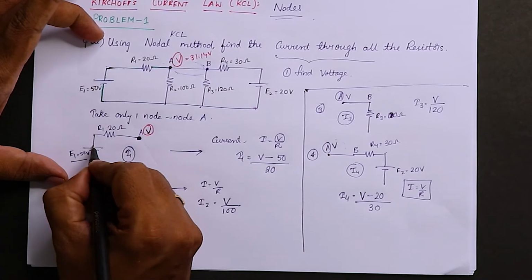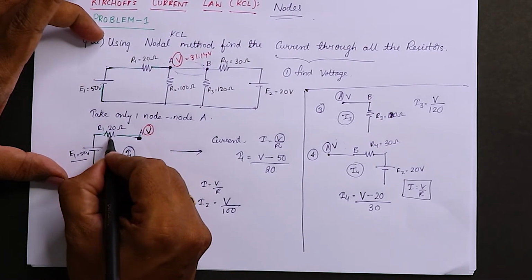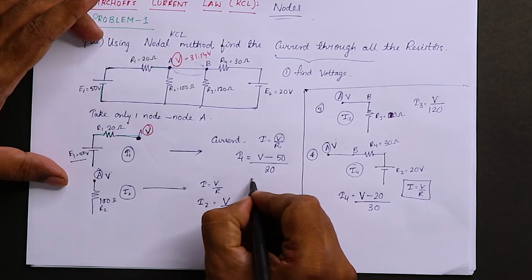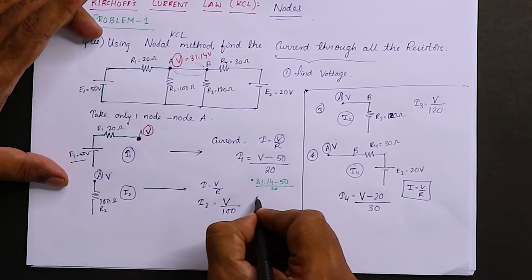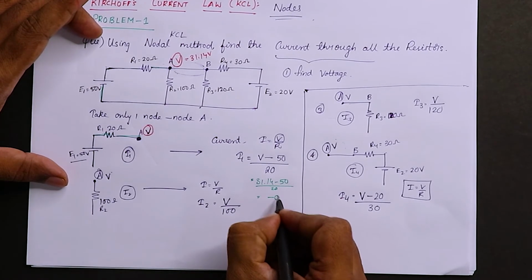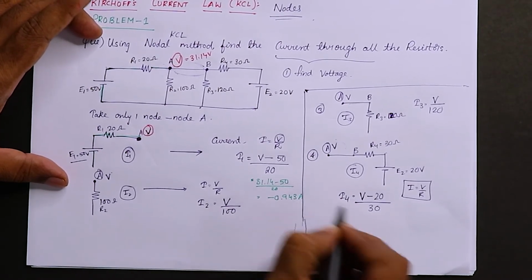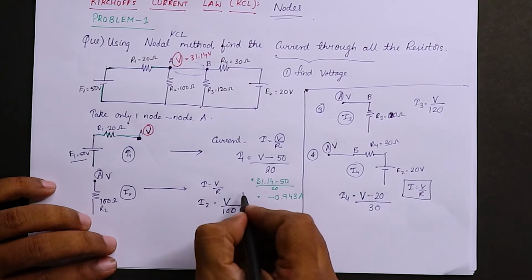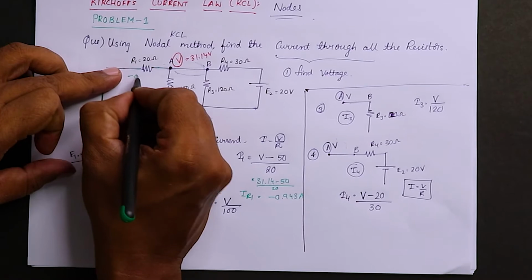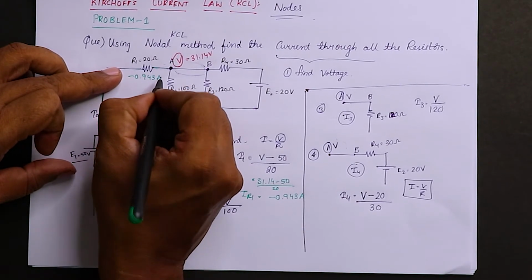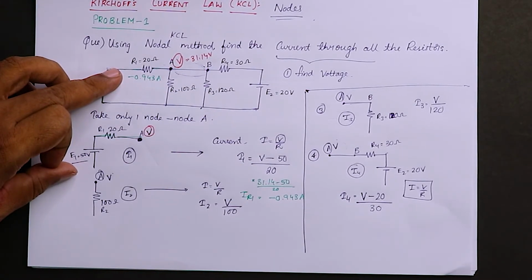So what is V? What we got is 31.14, minus 50, by 20. If you solve it, that becomes minus 0.943 amps. So IR1, the current passing here, is minus 0.943 amps.